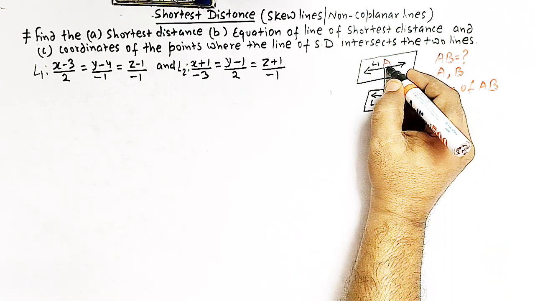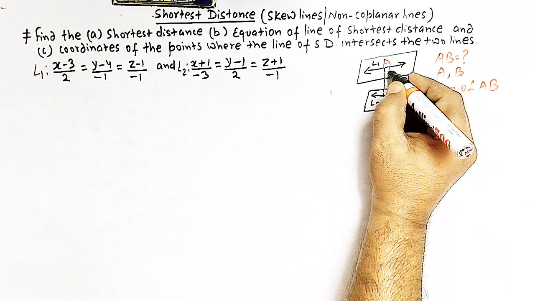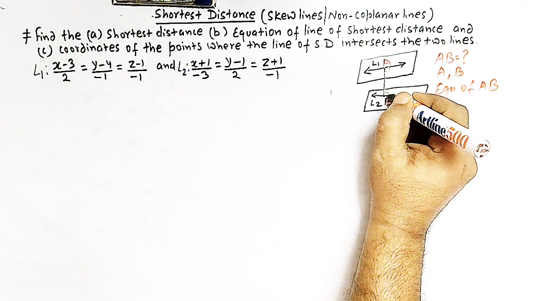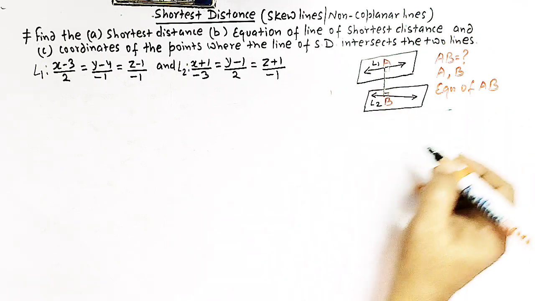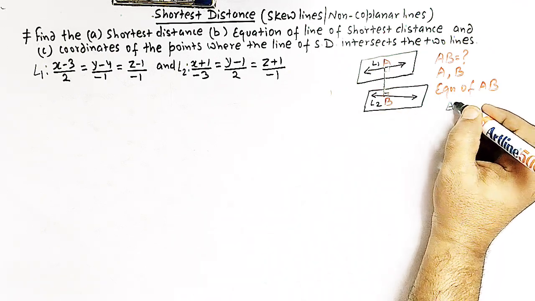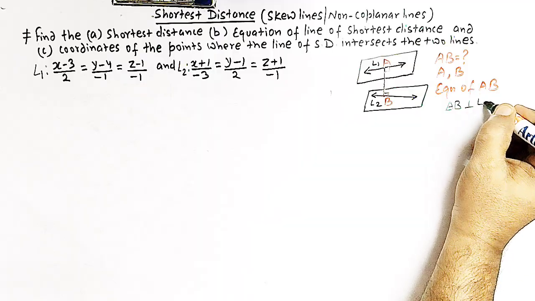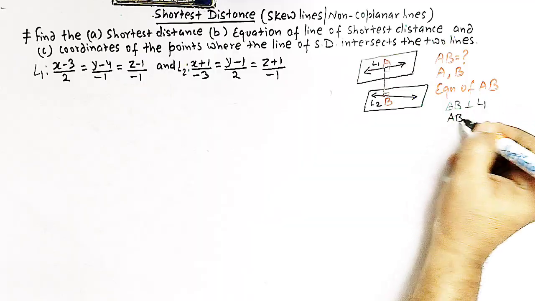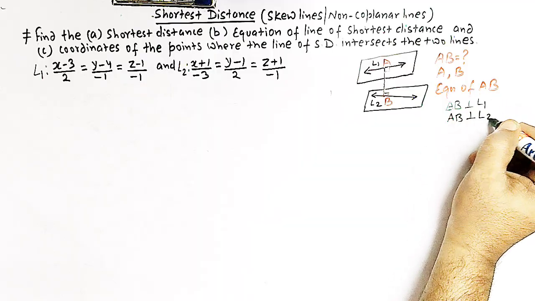Here this angle is 90 degrees, and similarly this angle is 90 degrees. So AB is perpendicular to L1 and AB is perpendicular to L2.